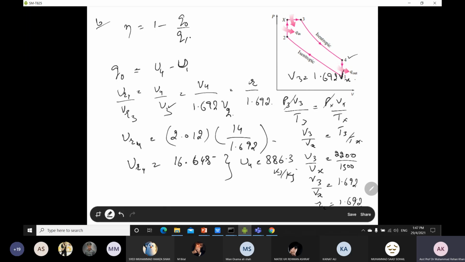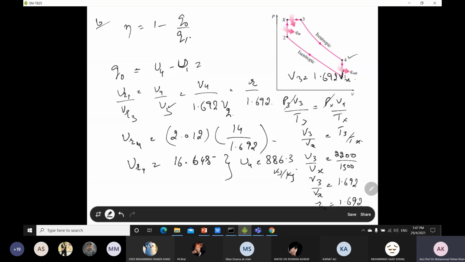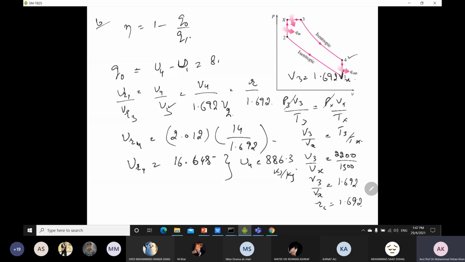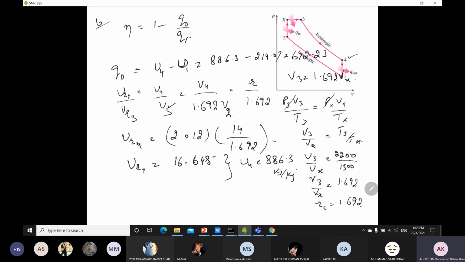So now the U4 value is known to us, so we can easily find Q out. Putting the U4 value in the Q out equation, it will be 886.3 minus the U1 value, 214.07, and solving it gives 672.23 kilojoule per kg.